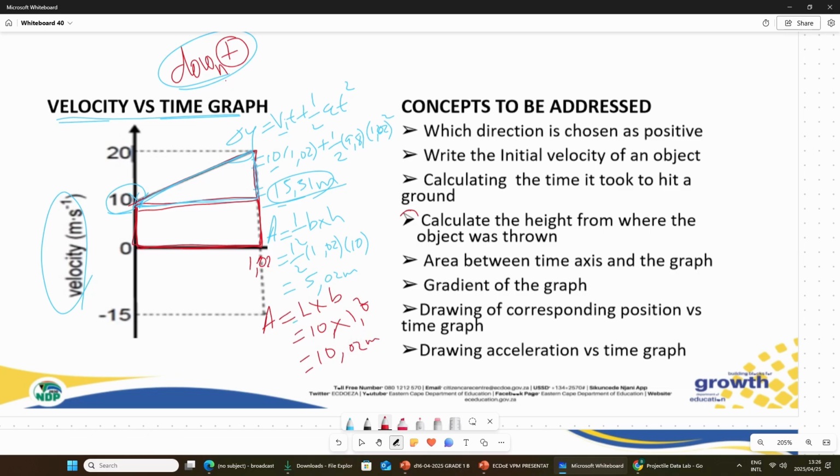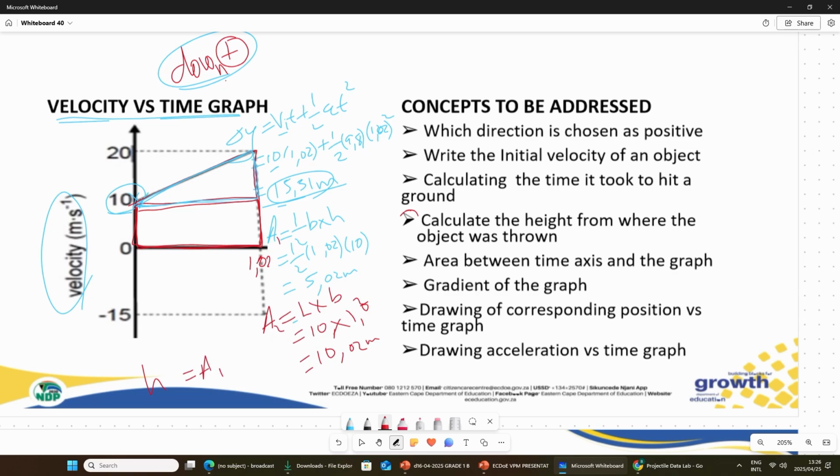Now, in calculating that delta y, we must add these two areas, because we said that height is represented by the area under the graph. Let me call this one area 1 and this one area 2.